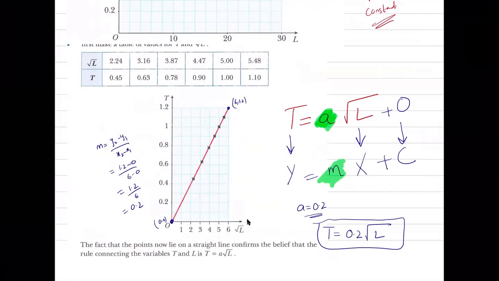So if you're asked how the length of the pendulum is related to the time period, that is how it is. Time period is equal to 0.2 times square root of L. That's how experimentally the equations are derived, and then you are given the equation to solve.